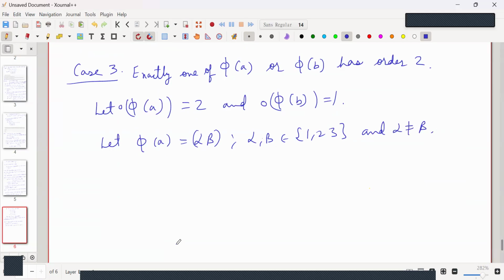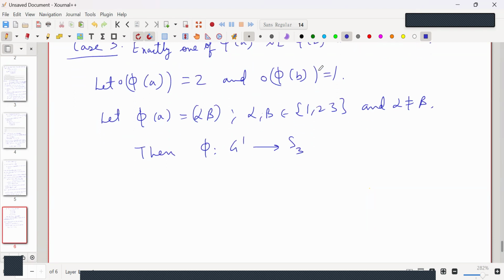So will it be a homomorphism? It will be phi from G prime to S3 such that A is mapped to alpha beta, B is mapped to identity, and where will AB be mapped to?